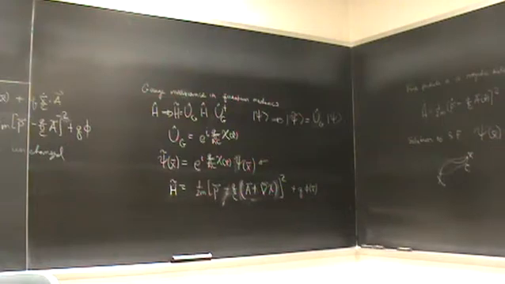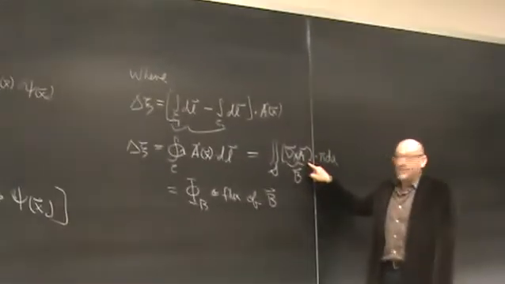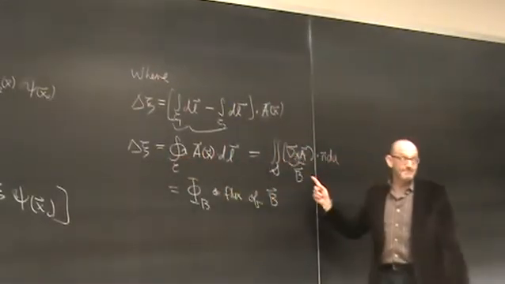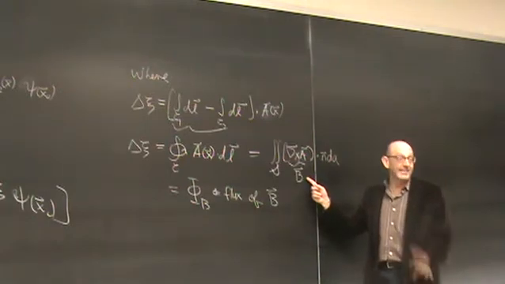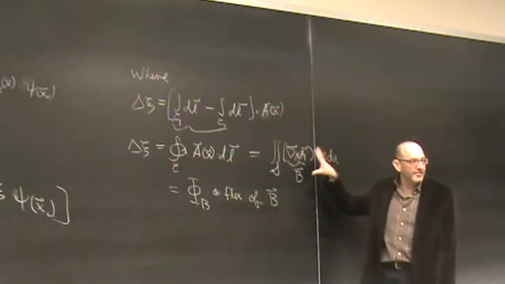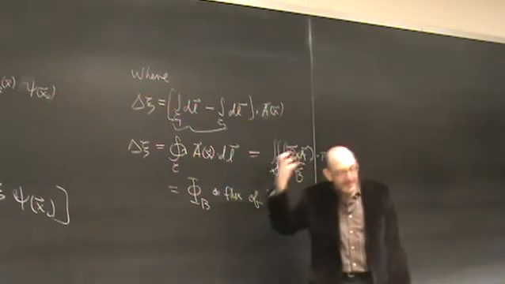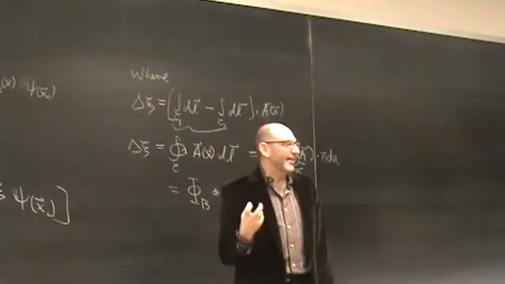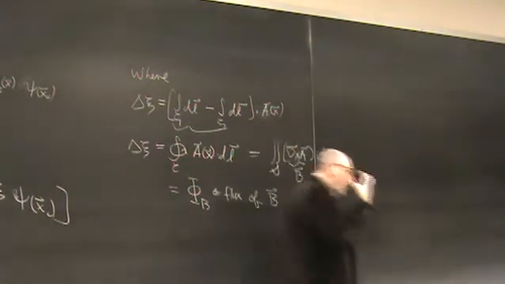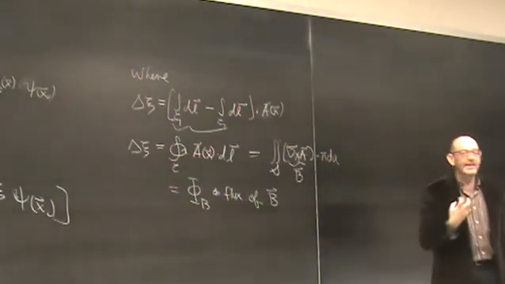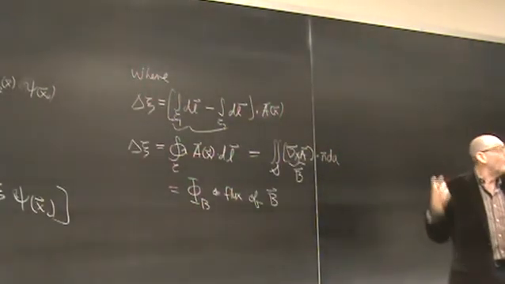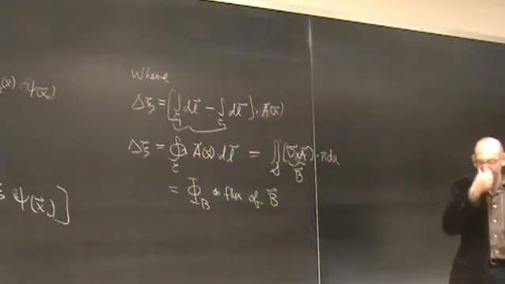Because at the end of the day, what this phase is depends on the curl of A. The phase depends on B. It doesn't depend on A. Well, it depends, of course, on the flux of B. But the physics, as we demanded, must be gauge invariant. Where the electron lands can't depend on what choice of gauge.